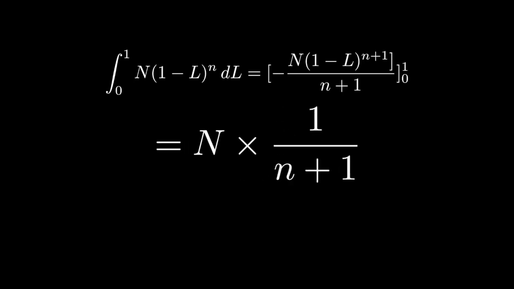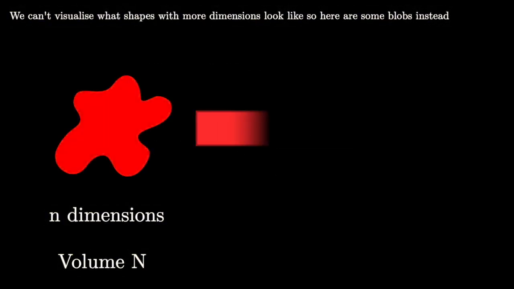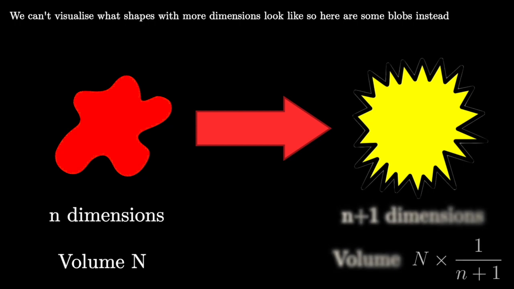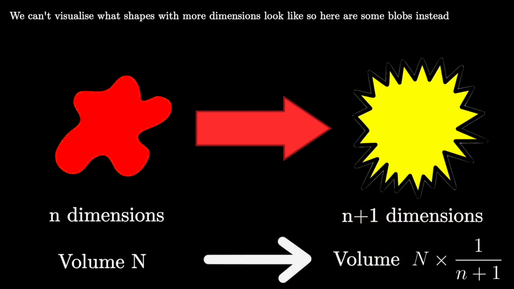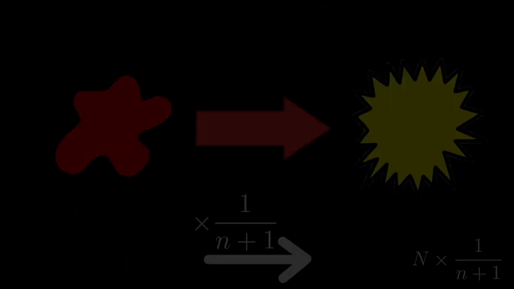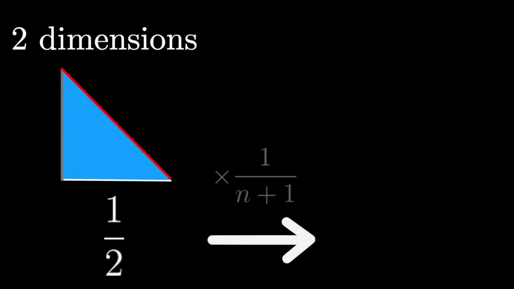This is quite neat actually, because it's telling us that to get from an n-dimensional version of the shape to an n plus 1 dimensional version, we just need to multiply the original volume of that n-dimensional shape by 1 over n plus 1. So, when we start with our two-dimensional version, that has area 1/2, we just need to multiply that by 1 over 2 plus 1, that's 1/3, to get the volume of the 3D version, and that works.